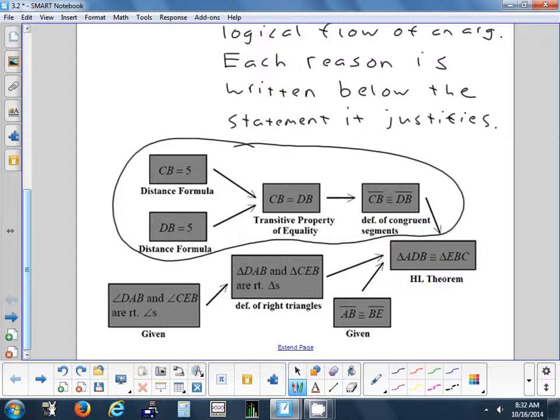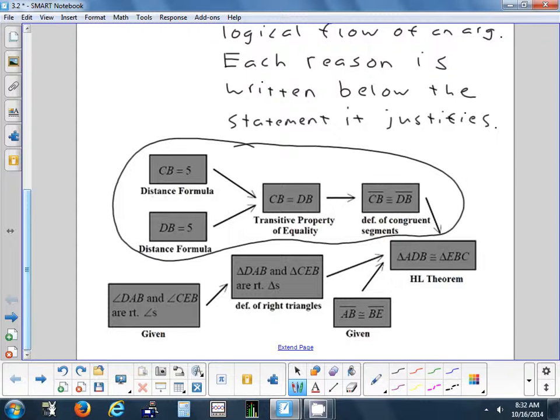But there was something given here: these angles were both right angles. This statement, I think you'll understand: if you have a right angle in a triangle, it means it's a right triangle. That's the definition of a right triangle.